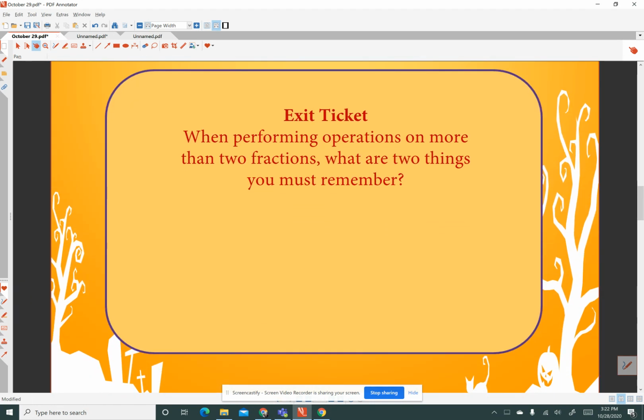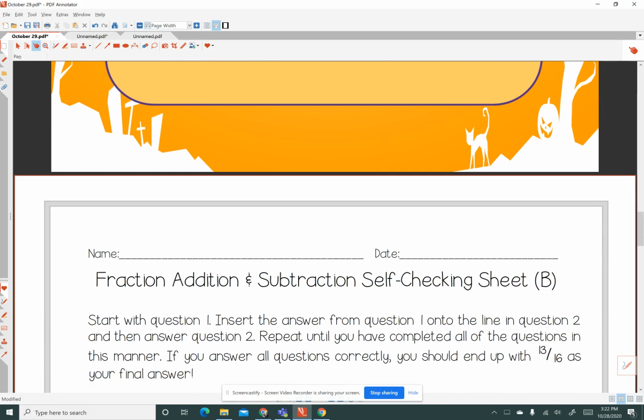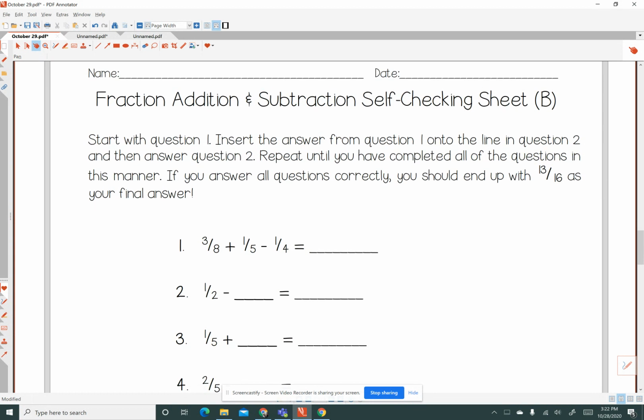Our exit ticket today asks, when we are performing operations on more than two fractions, what are two things you must remember? We'll talk about that. And let's go on to our lesson. Now, these are called self-checking worksheets.